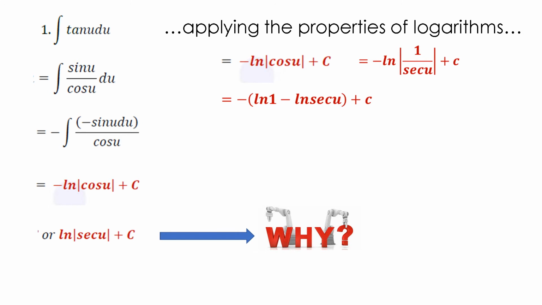If we distribute the negative sign, we take negative ln 1 plus ln of secant u plus c. And we know that the ln of 1 is 0, so our answer became the ln of secant u plus c. So, negative ln of cosine u plus c is equivalent to the ln of secant u plus c.